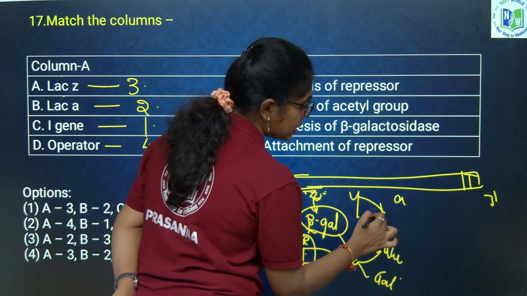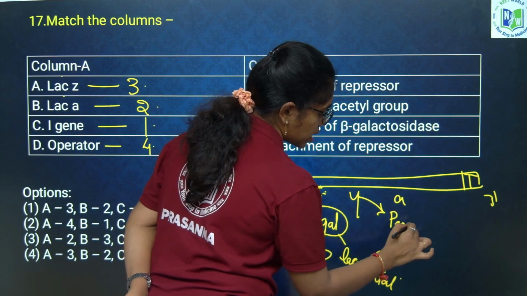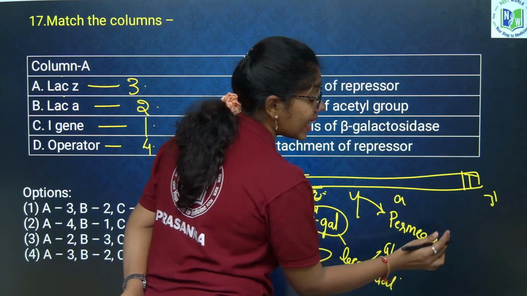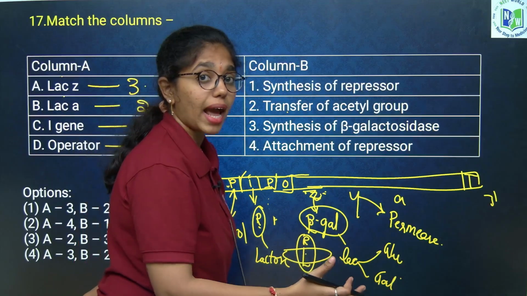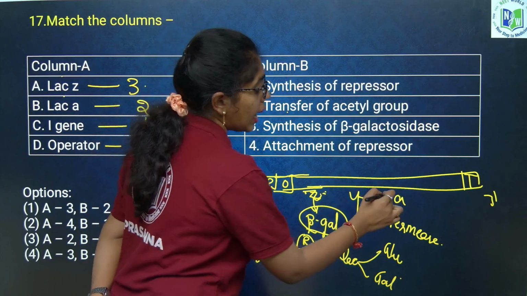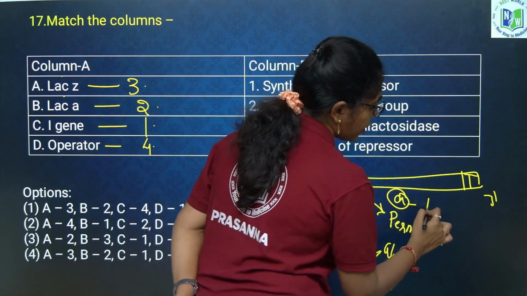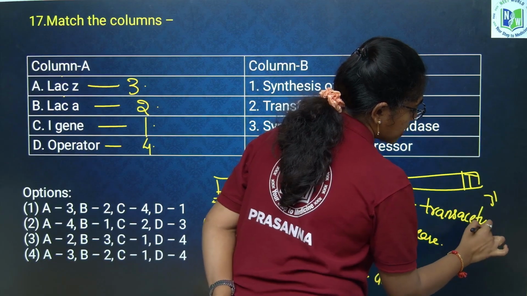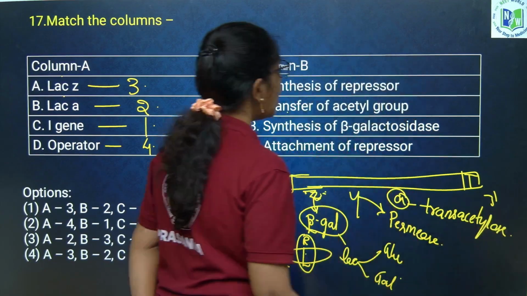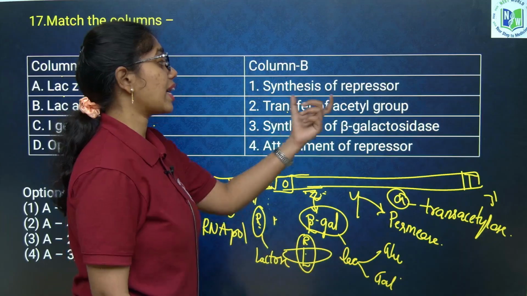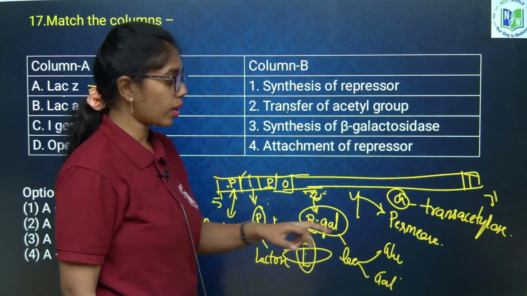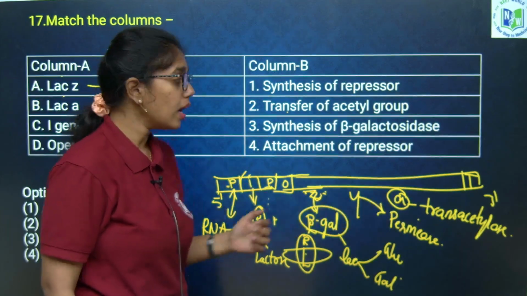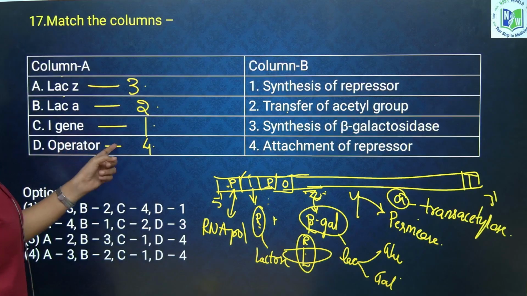The Y gene will synthesize permease, which will increase the permeability of the cell to lactose. The A gene will synthesize transacetylase, which will transfer the acetyl group. So yes, it is option 4.